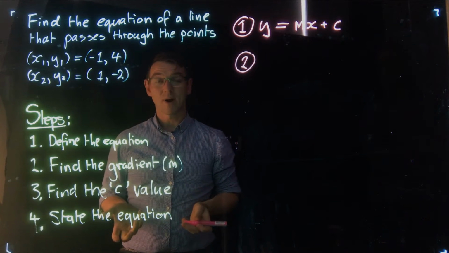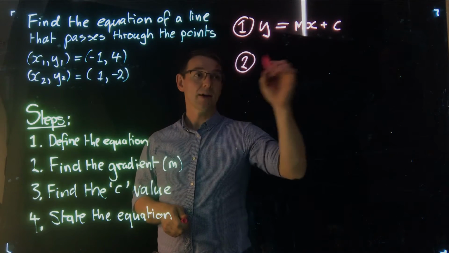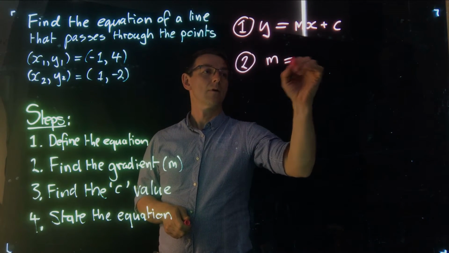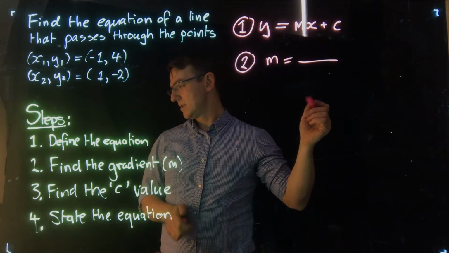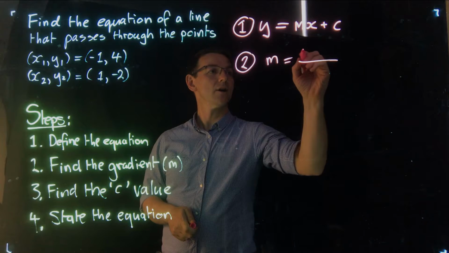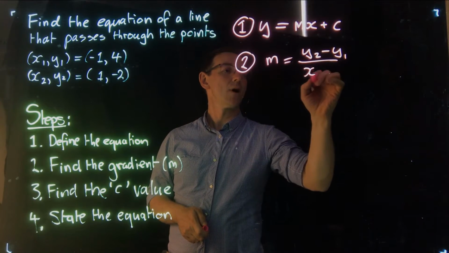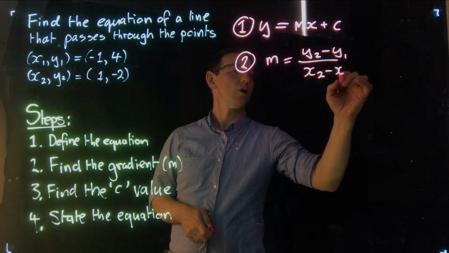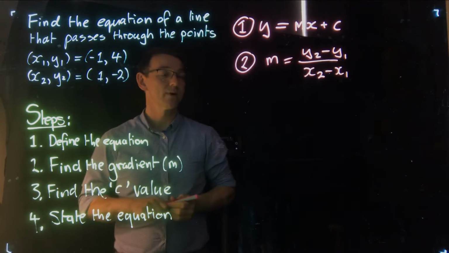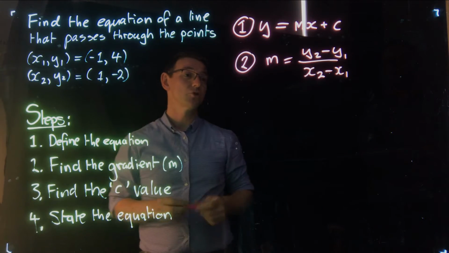Okay, we're going to find our gradient. Now, we know from earlier that our m value can be rewritten as y2 minus y1, so our rise, over our run, the x values, x2 minus x1. Now it turns out we've been given this set of points, so we can quite easily substitute those in.